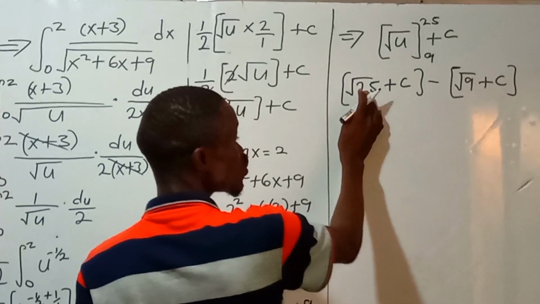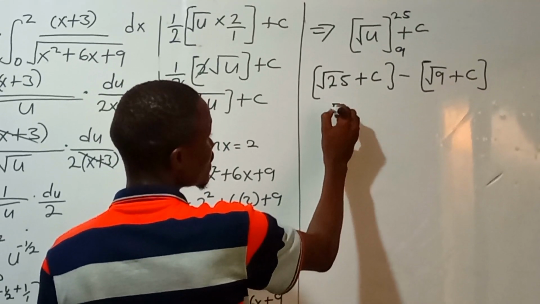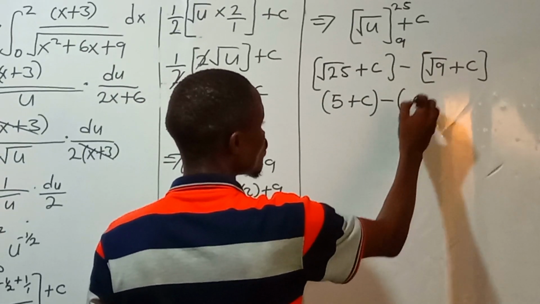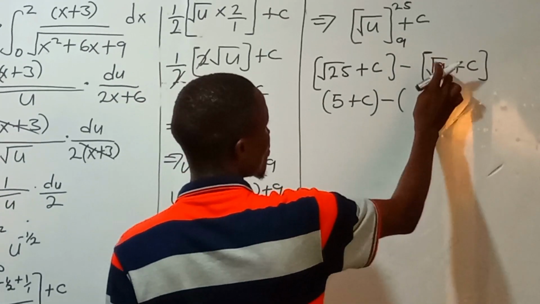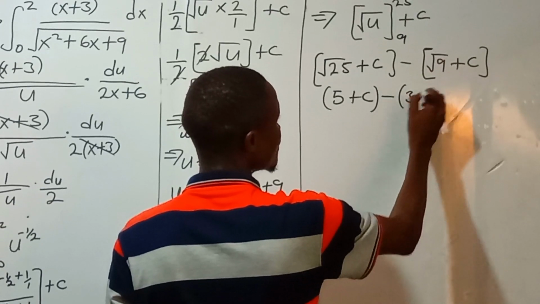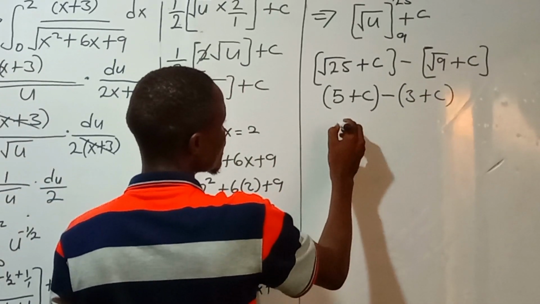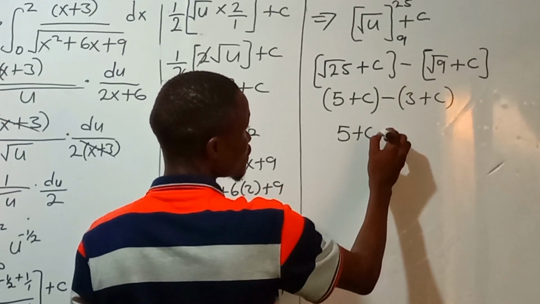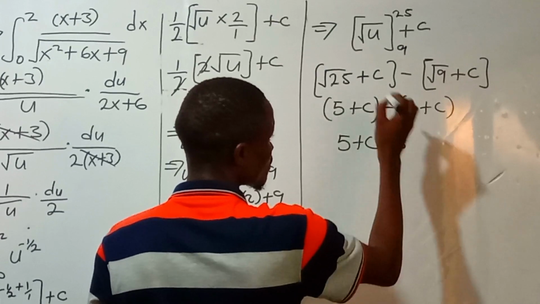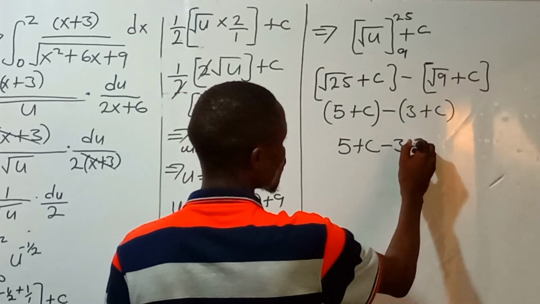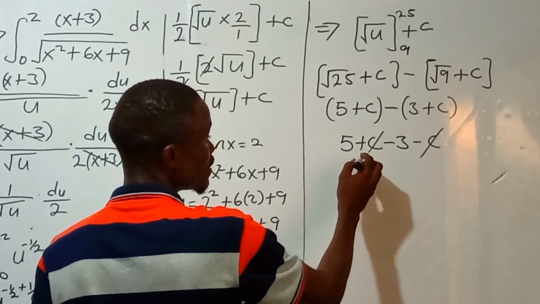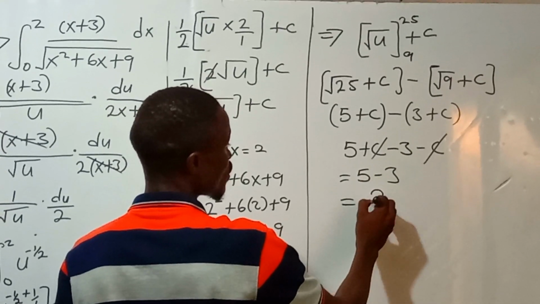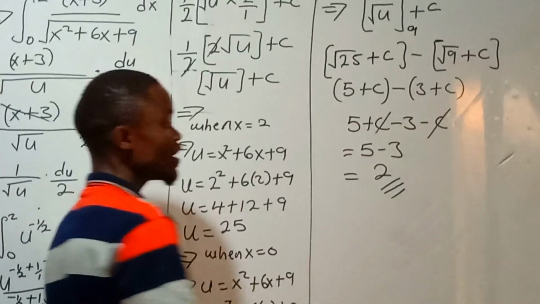So the square root of 25 is 5 plus c, minus the square root of 9 is 3 plus c. Minus times plus is minus. c cancels c. So 5 minus 3, then the answer will give us 2. So this is the final answer.